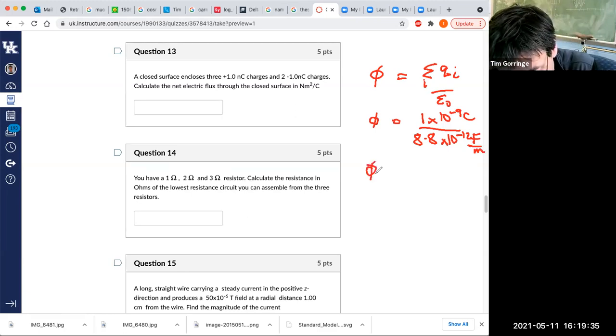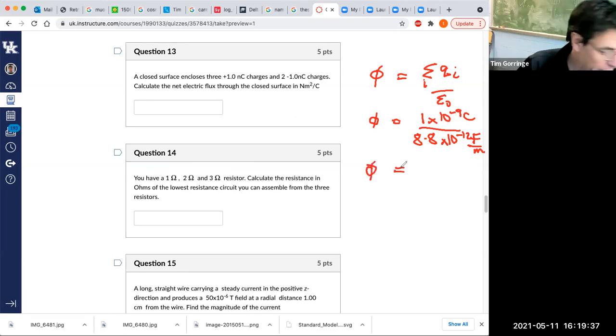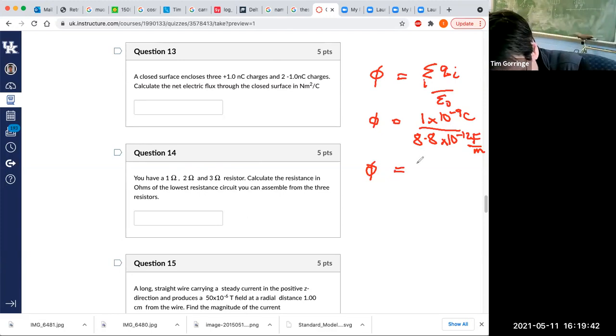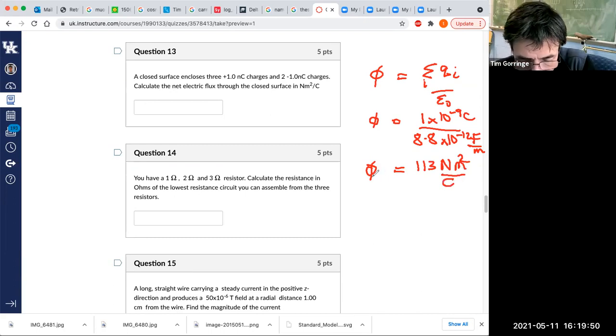And if you divide one by the other here, I've already calculated this, I got a flux that is 113 Newton meter squared per coulomb. The units of flux are the units of field times area, because it's a field times an area.